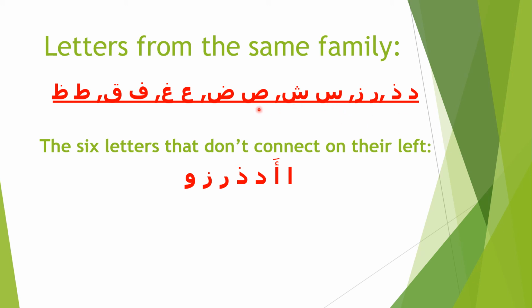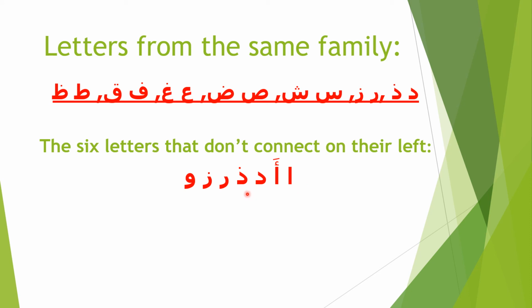Sin, shin, sad, dad, ain, ghain, fa, qaf, ta, za. So these are the letters we're talking about when we talk about same family. They're not all the same family, just two by two here. Any of them that look alike are the same family. That's what it is, just a little fun reminder to remember them.